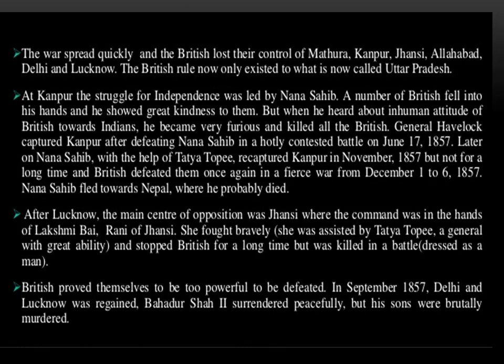Following the defeat of Lakshmi Bai, the British eliminated pockets of opposition. Jhansi was the last pocket of opposition, and it was also eliminated, and the war was officially declared at an end in August 1858.